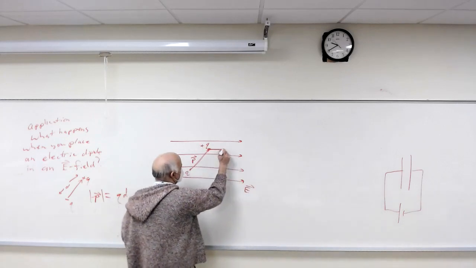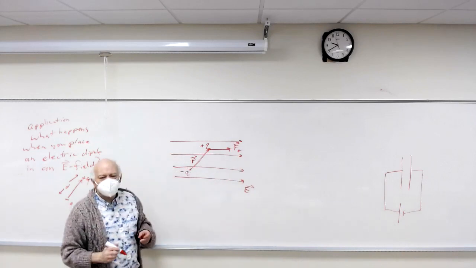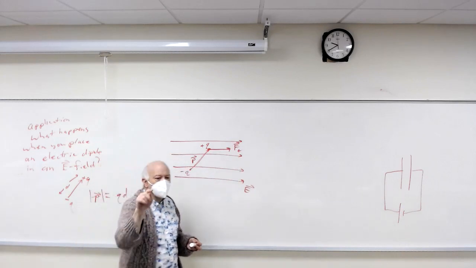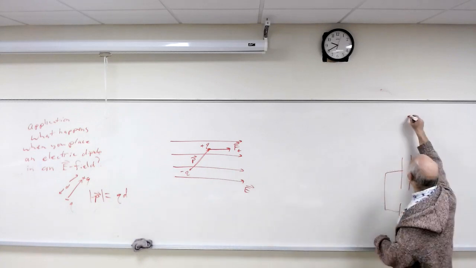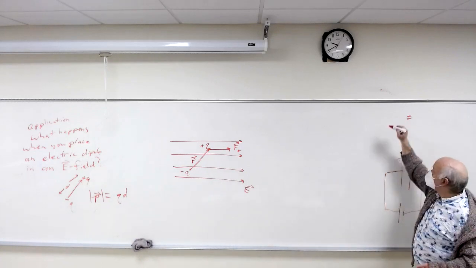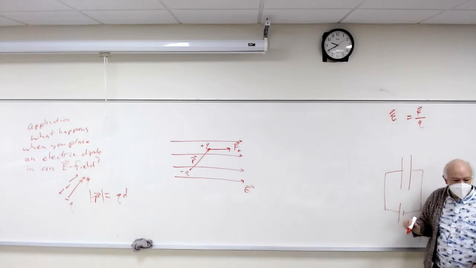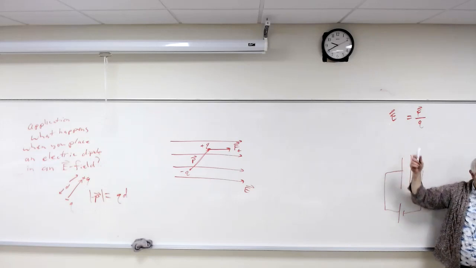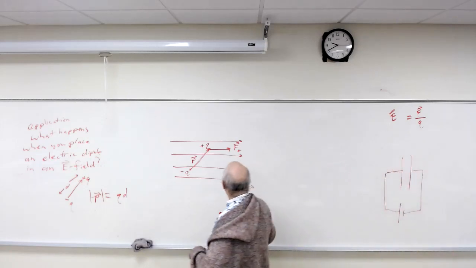This is positive, so that force is going to be like this, in the direction of E. How are the force, E, and Q connected? E is F over Q, so the direction of the force is the direction of E. That makes sense? Okay, so that's going that way.